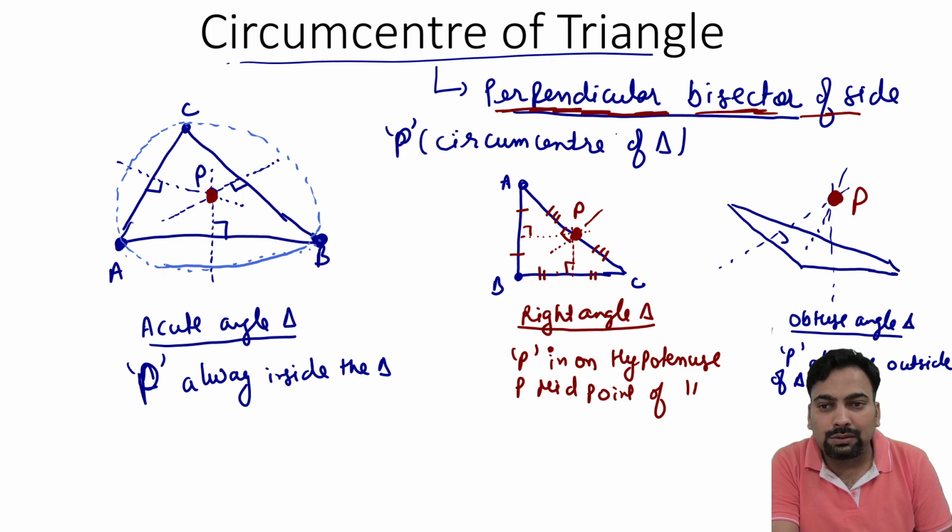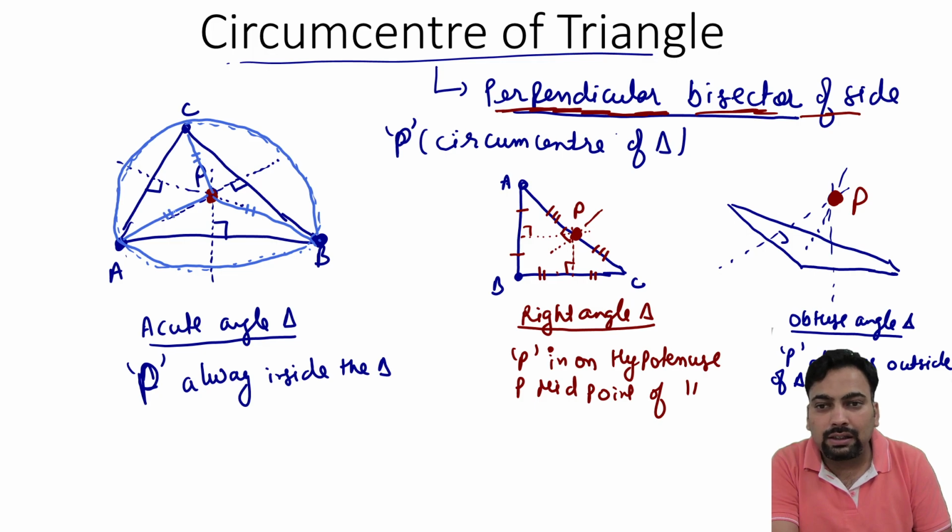Let's suppose this is your circle, and from point P the vertex distances are equidistant, because these are the radius.